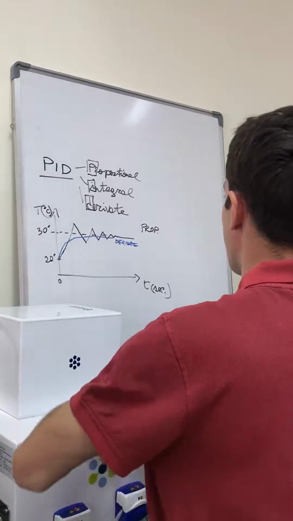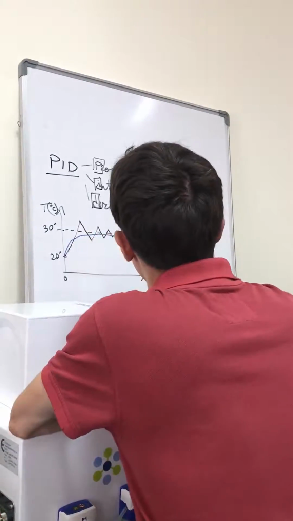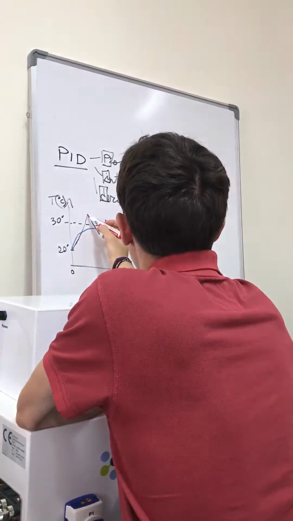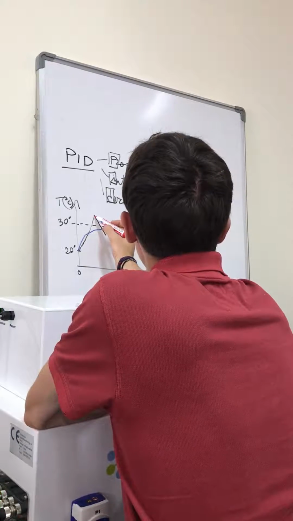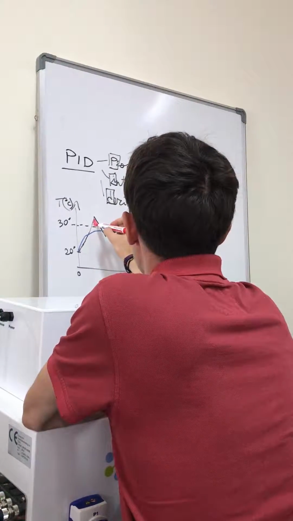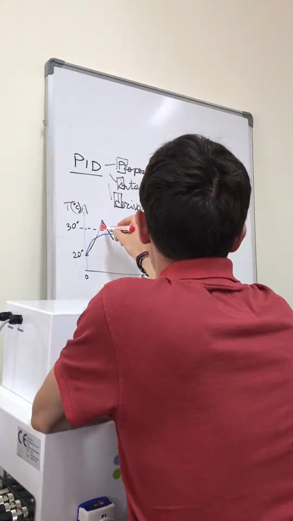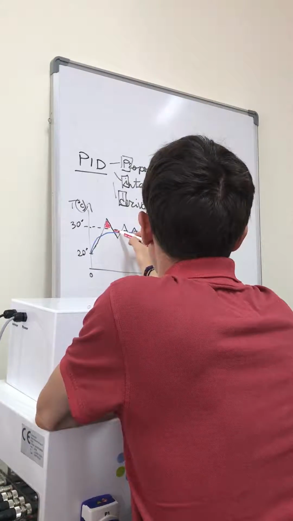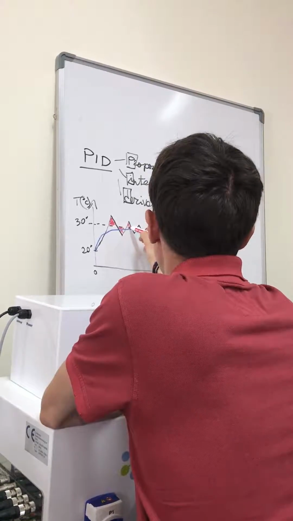And at the end, the integral tries to null this difference. This is a positive area, and this is a negative area. Positive, negative.